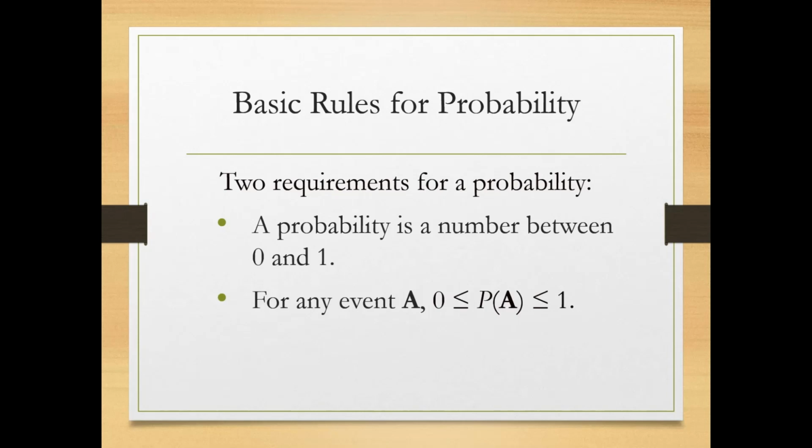Anything in between could happen, maybe it didn't, but you cannot have a probability that's negative because you can't go below impossible. You cannot have a probability of, say, 1.2 because you can't have a probability that's more than certain. Certain is as far as it gets. So for any event, your probability will be some number between 0 and 1 inclusive, which is right here.